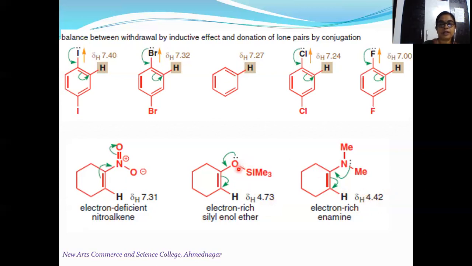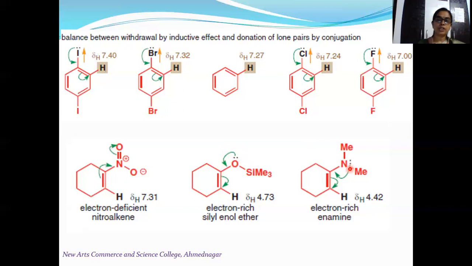Now again here the electronegativities matter. Oxygen is also showing the electron donating resonance. Nitrogen is also showing the electron donating resonance. Still the values are different. This is because the electron donating ability of oxygen and the electron donating ability of nitrogen are not the same.